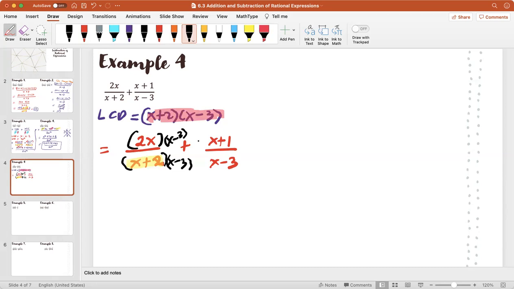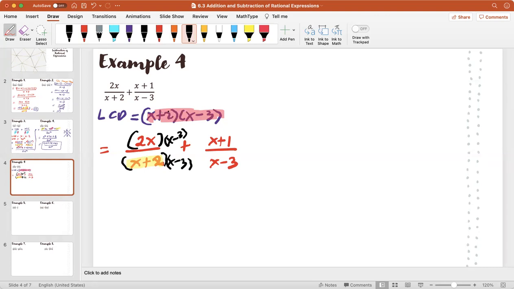Now we go to the next one, x plus 1 over x minus 3. Let's divide the LCD by the denominator. LCD divided by x minus 3, you get to cancel x minus 3, so the quotient is x plus 2.